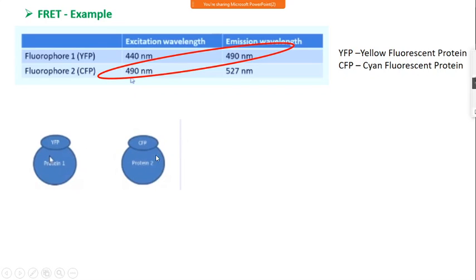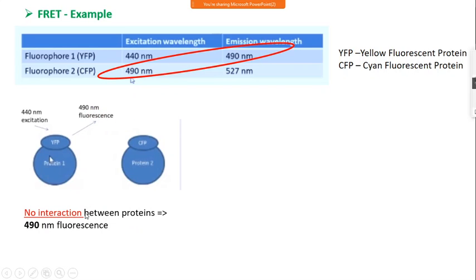For understanding, let us say this is YFP and this is CFP, and we give light at 40 nanometer excitation and detect fluorescence at 490 nanometer. It means there is no interaction between the two proteins. They are far apart, more than 10 nanometer apart.